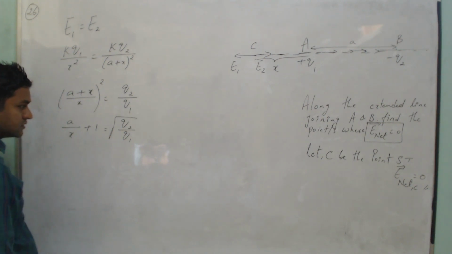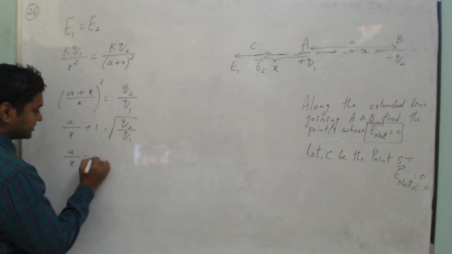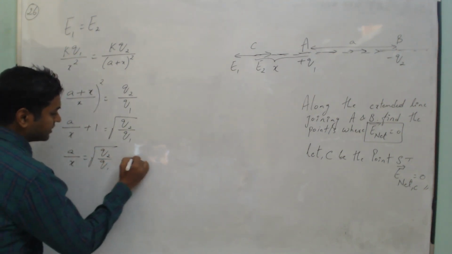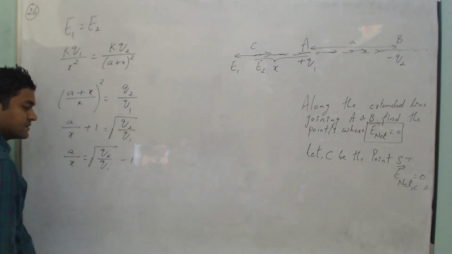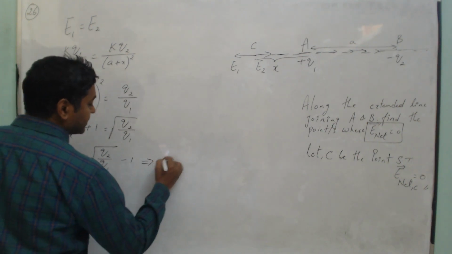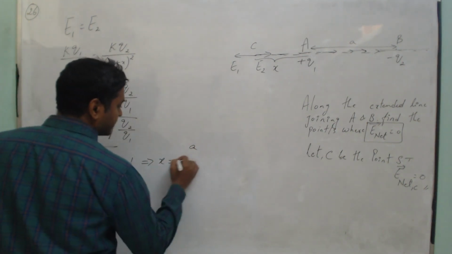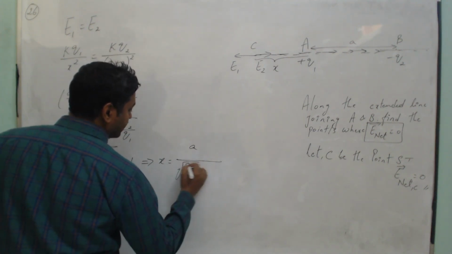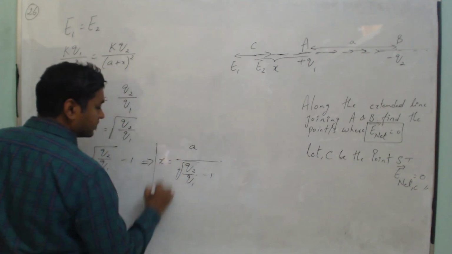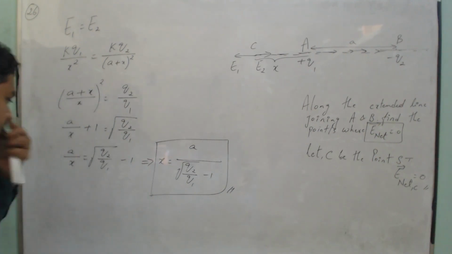Therefore a by x is equal to under root of Q2 by Q1 minus 1, implies x is equal to a by (under root Q2 by Q1 minus 1). Is this clear?